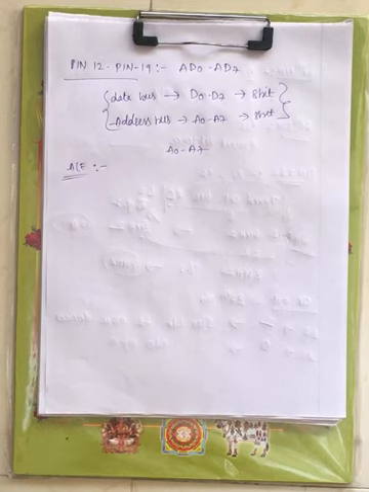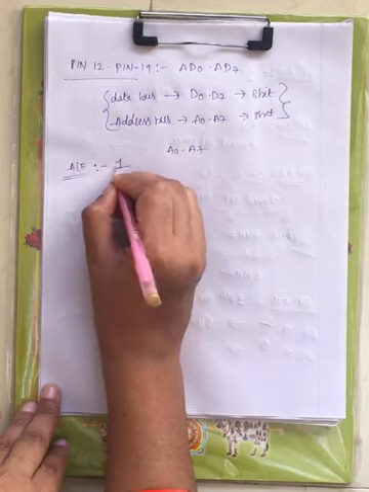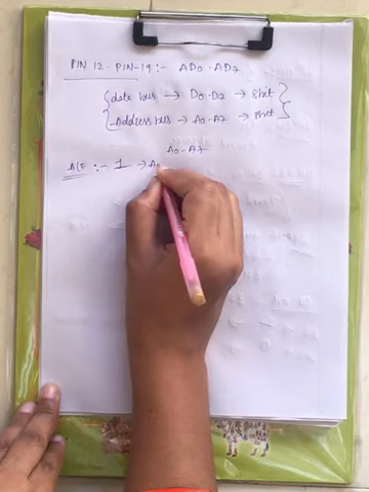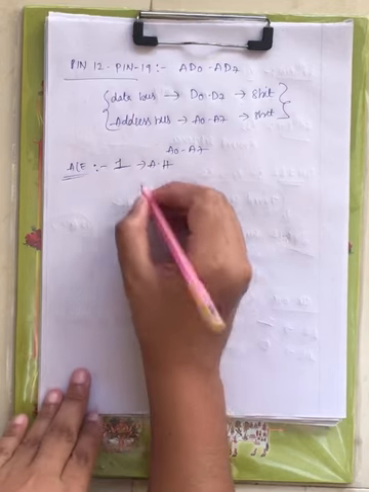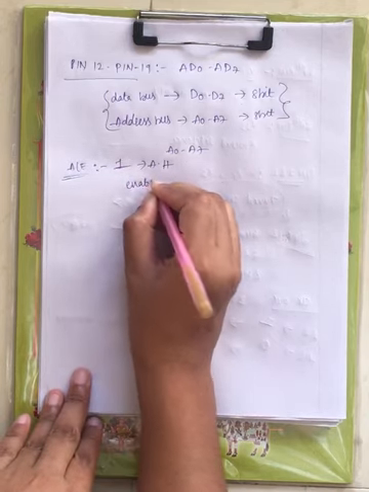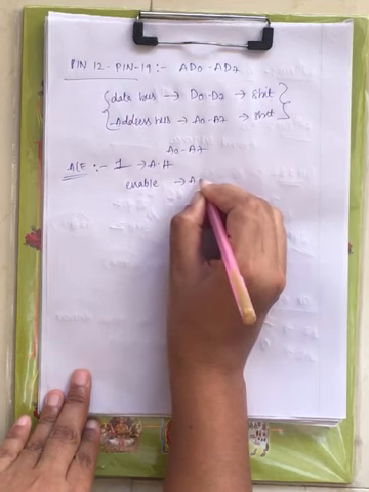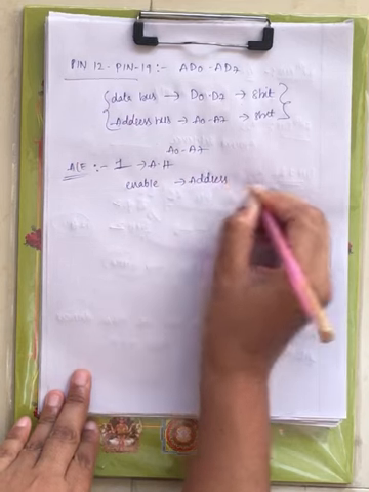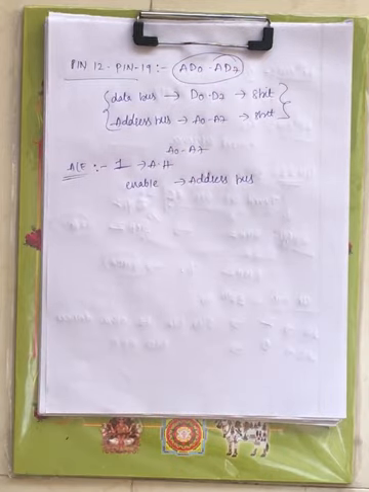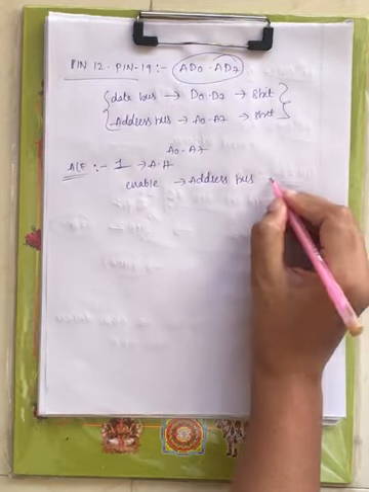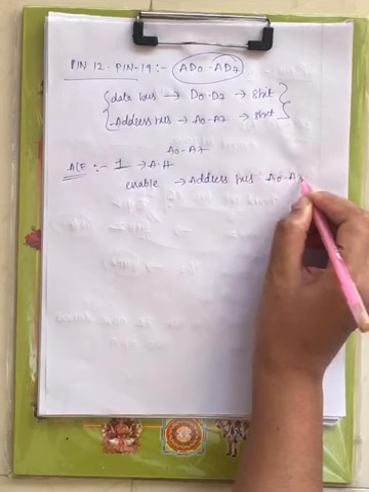Now when ALE is 1, when address latch enable is active high, this will enable the address bus. When ALE is 1, AD0 to AD7 can carry the lower order address, that is A0 to A7.